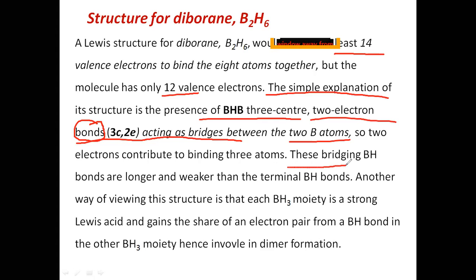There are two bridging BHB bonds, and these two bonds are longer compared to the normal covalent bond, and they are weaker also.